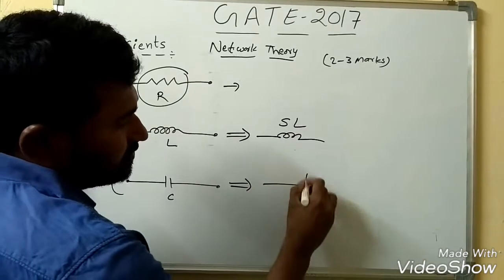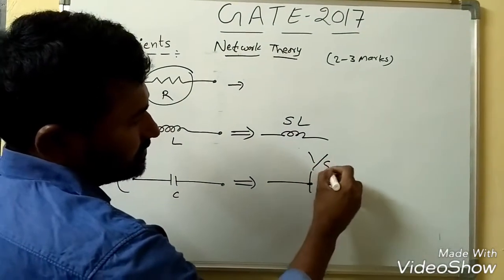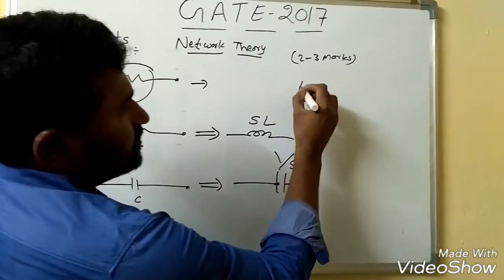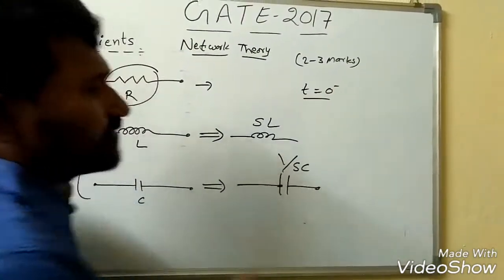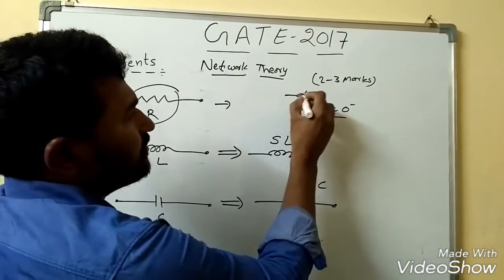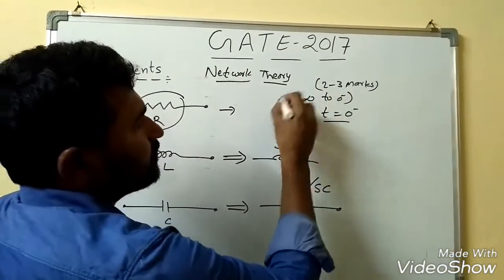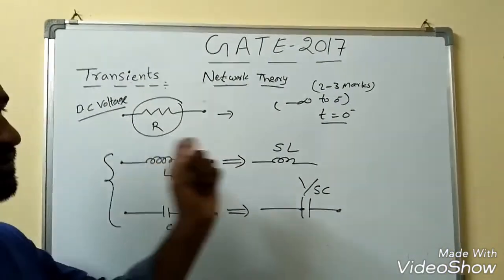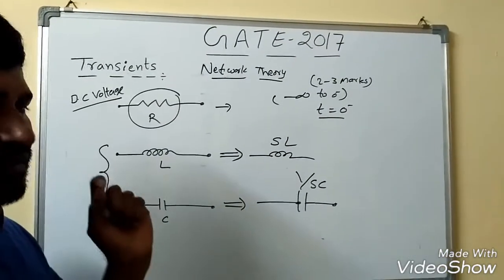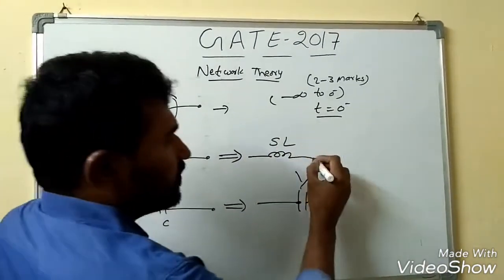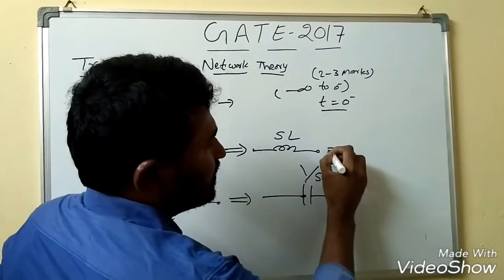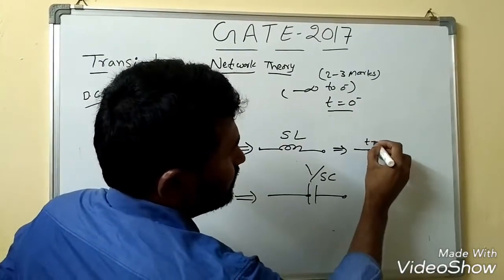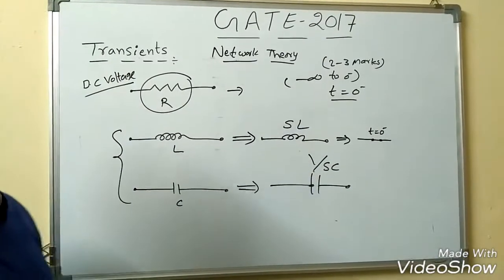Similarly for the capacitor, it is 1 by S into C. Now I told you at t equal to 0 minus, that means from minus infinity to 0 minus, we are applying the voltage or current to the inductor. That means it has reached steady state and stores energy in the form of current. So it will behave like a short circuit at t equal to 0 minus for the inductor.